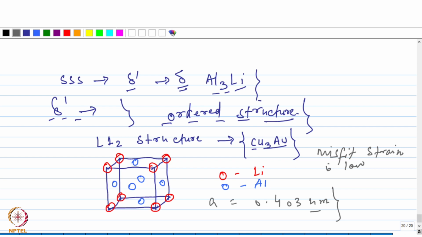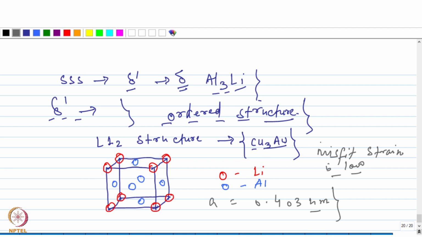So you cannot really expect too much strengthening to come from those elastic strain kind of mechanisms, right? Because there is not much of mismatch between the precipitates and the parent metal in terms of the size.